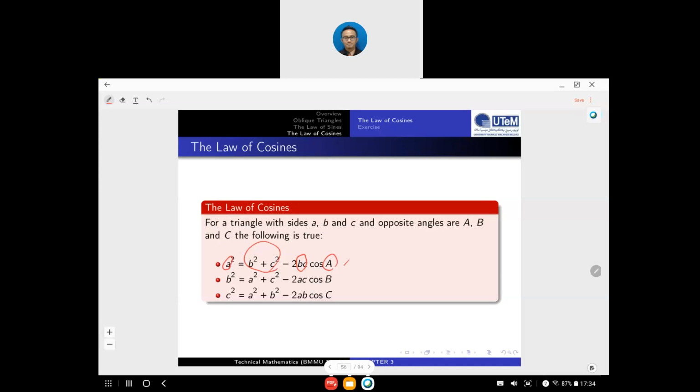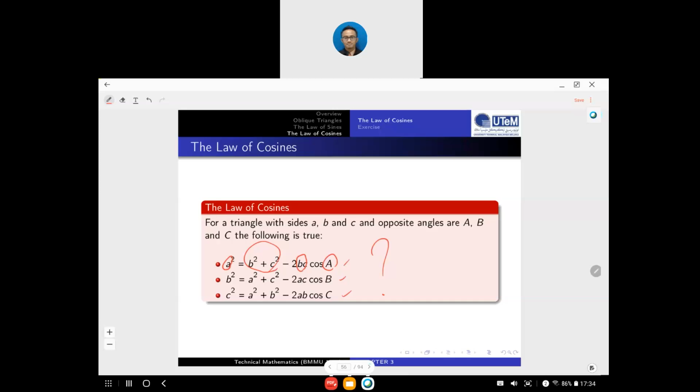And the same thing for b: b squared equals a squared plus c squared minus 2ac cos B. And then c squared equals a squared plus b squared minus 2ab cos C. So this is the formula, the law of cosine. Make sure you understand how to use the law of cosine and the law of sine.